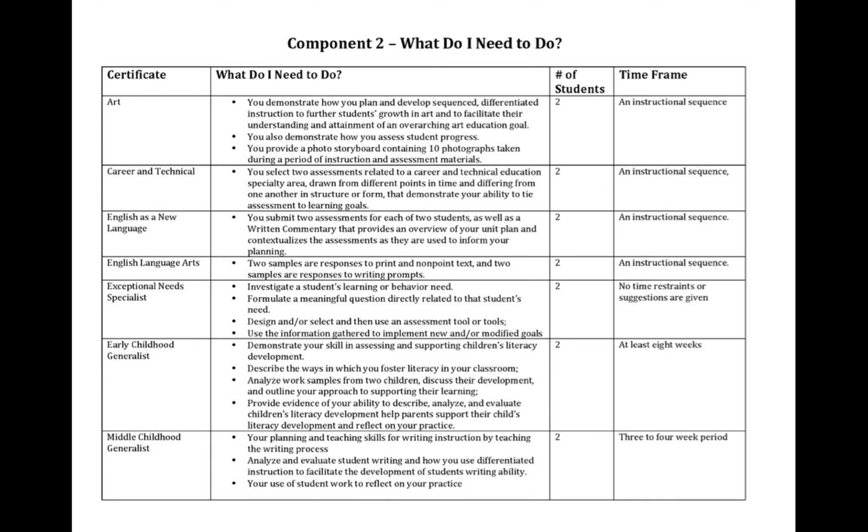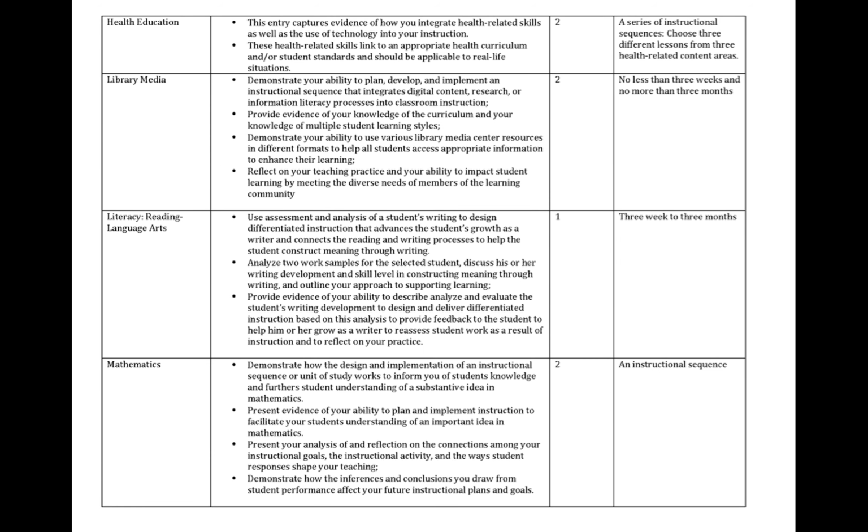You can see this chart. It identifies what you're asked to do, the number of students you will focus on, and the time frame. For a lot of certificates, it just says an instructional sequence, and for some others, it says at least 8 weeks, or 3 to 4 weeks.